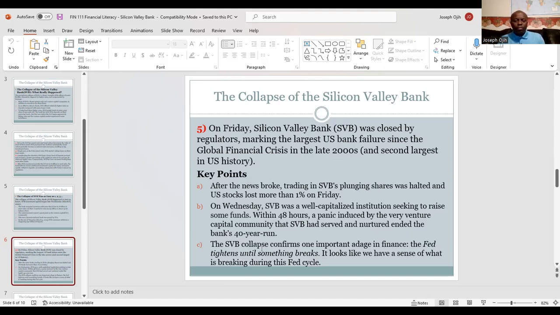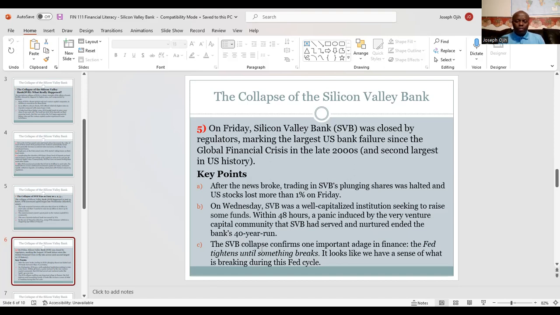The collapse affected U.S. stocks, most of which lost at least 1% of their value by Friday. Remember, I said that this whole thing started on Wednesday, and within 48 hours, a panic induced by the very venture capitalist community that Silicon Valley Bank had served and nurtured ended the bank's 40-year reign in that industry.